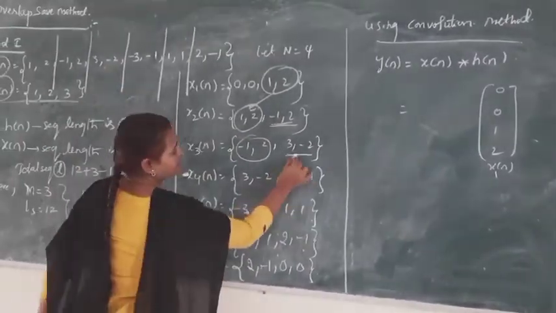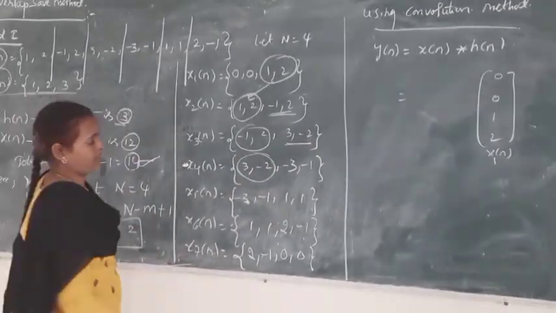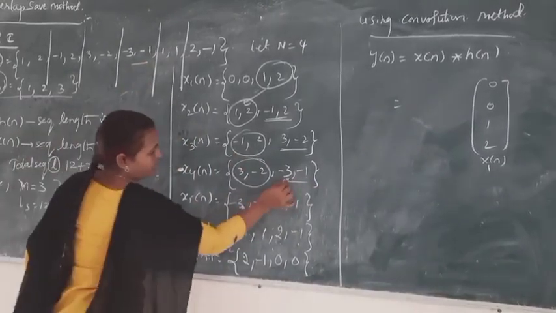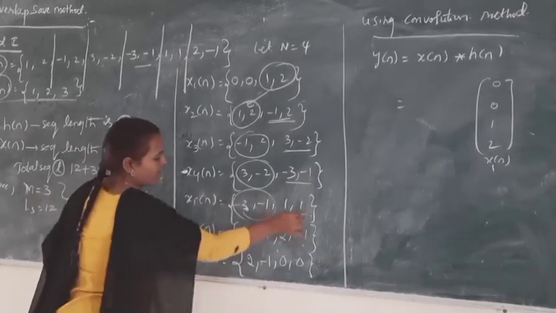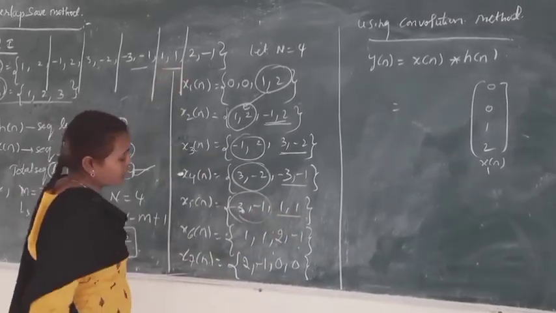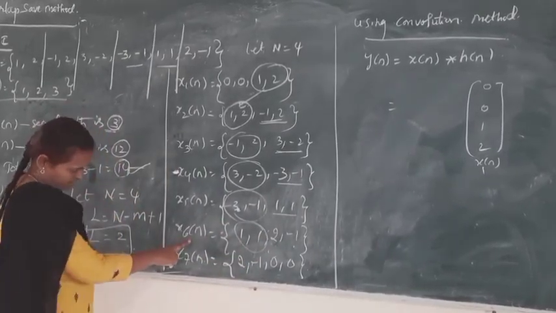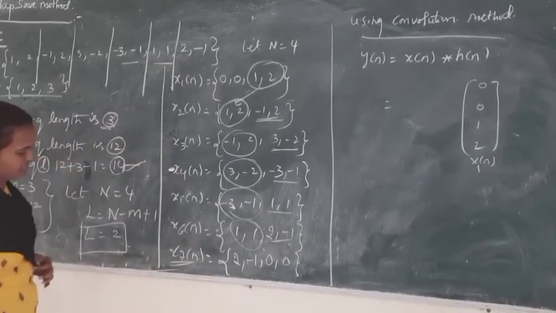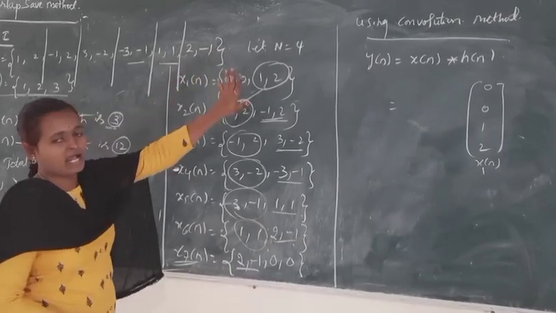Then after 3, minus 2, again we write the starting sequence, then take minus 3, minus 1. Next, after minus 3, minus 1, we write the starting sequence, then note down 1, 1. Next, after 1, 1, we write the starting sequence in x6 of n. Next 2, minus 1, the last one, is x7 of n. After 2, minus 1, no values are there.